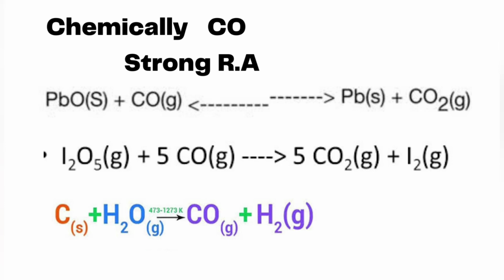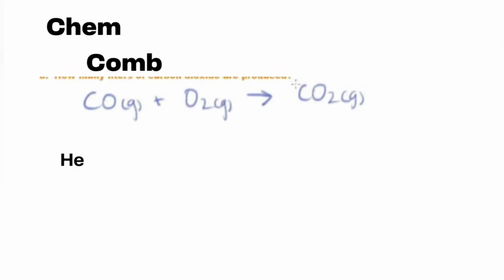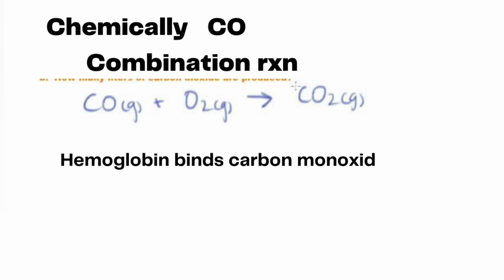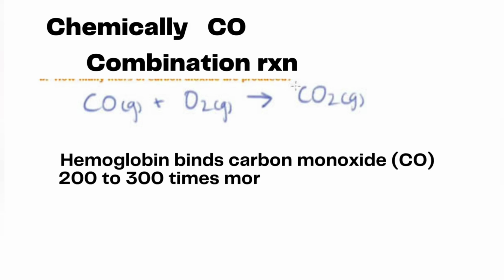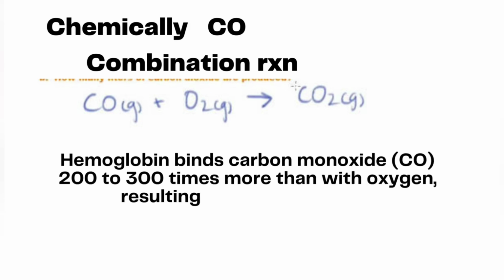It also does that with iodine pentaoxide. It reduces iodine pentaoxide into iodine, while itself is oxidized into 5 moles of what? Carbon 4 oxide. What about water? It's also the formation of water gas, which you already know, is it not? Yes. Carbon monoxide also undergoes combination reaction. It combines directly with what?